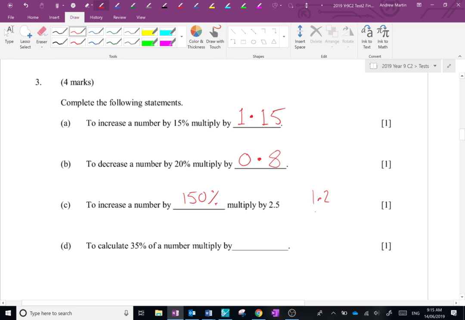If we're increasing something by 80%, it would be 1.8. Increasing something by 100%, it would be 2. So if we're multiplying by 2.5, it's going to be 150%. Okay. To calculate 35% of a number, multiply it by 0.35.